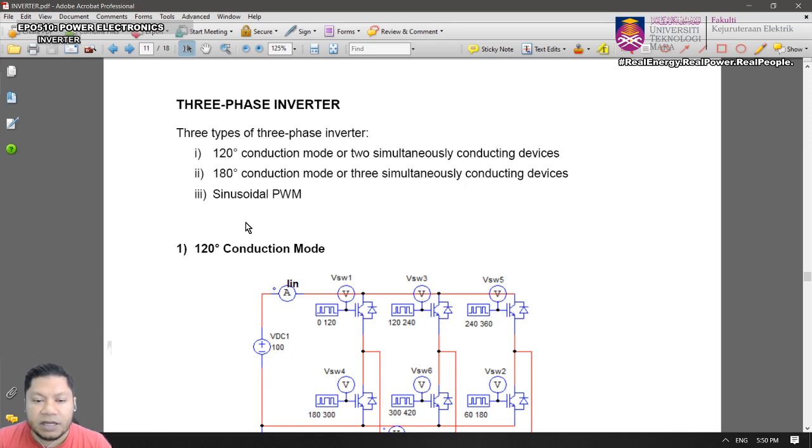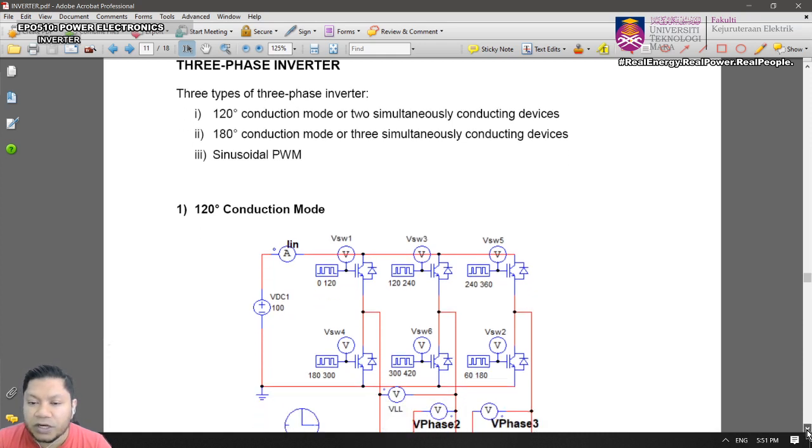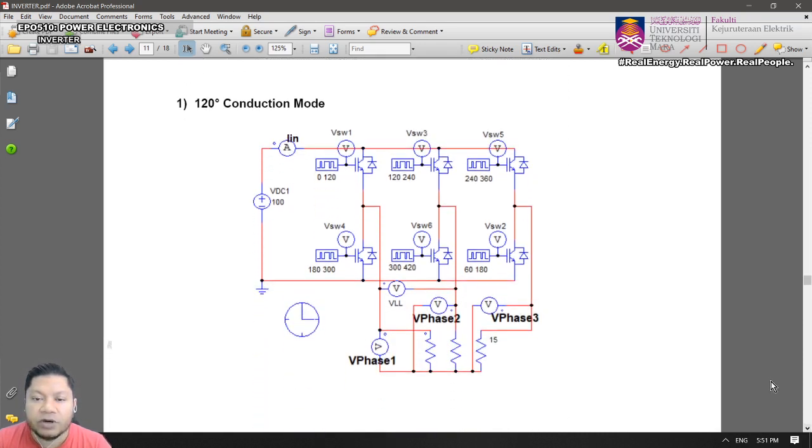So for the first method, the 120-degree conduction mode, firstly we're going to look at the circuit connections. You're going to have the same connection as the three-phase full bridge rectifier, whereby you have switch 1, switch 3, switch 5, switch 2, switch 4, switch 6.